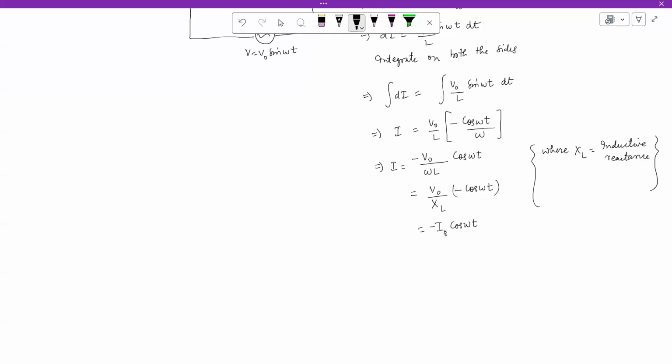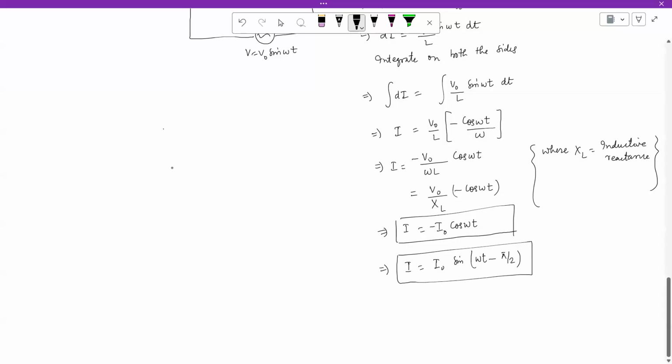So you see, this is a minus cos function, so it would be inverted, right? But I have to write it in terms of sine. So I can write it as I naught sine of omega t minus pi by 2.